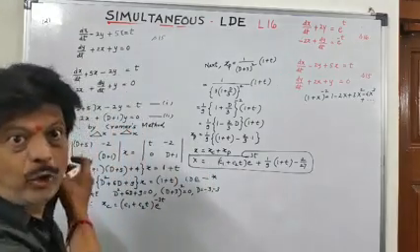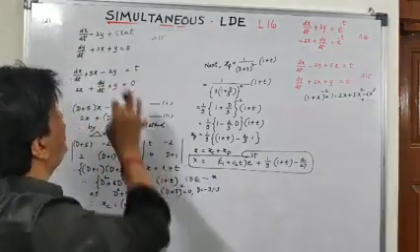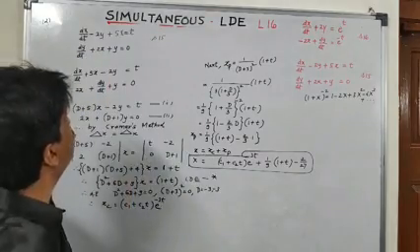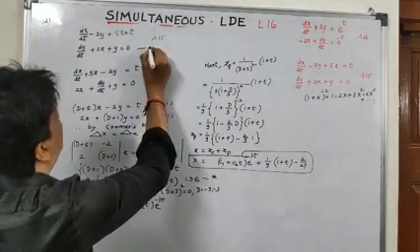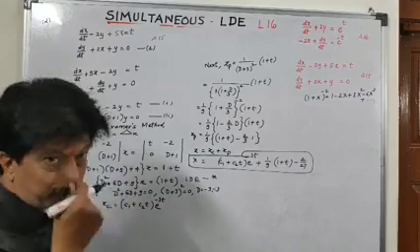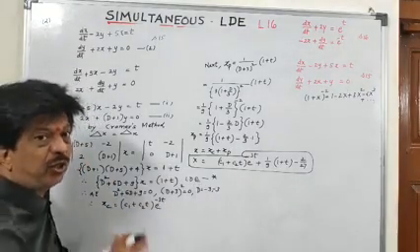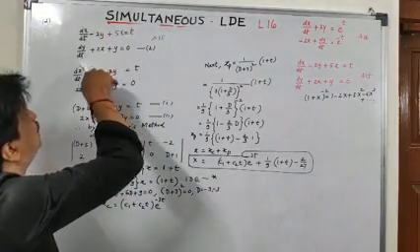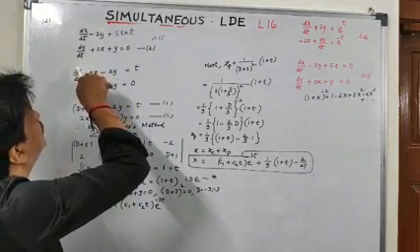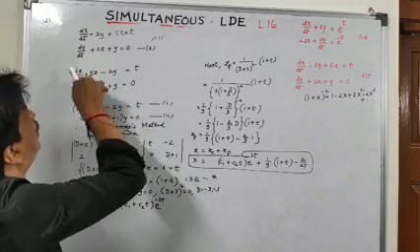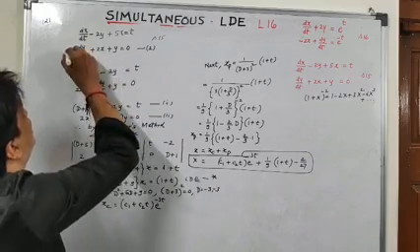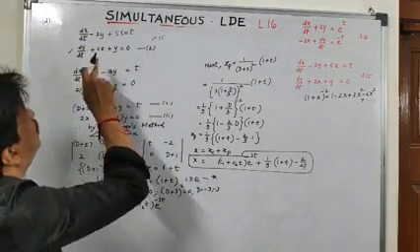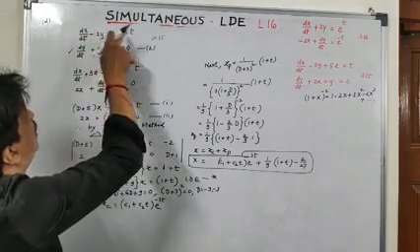How to determine y? Put this value of x in any of these two equations. So I am considering the second equation. I am choosing the equation which contains y, not dy by dt. I cannot choose this one because it contains dy by dt. I am considering the differential equation which contains y only.